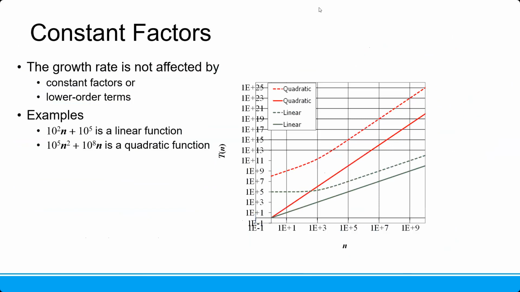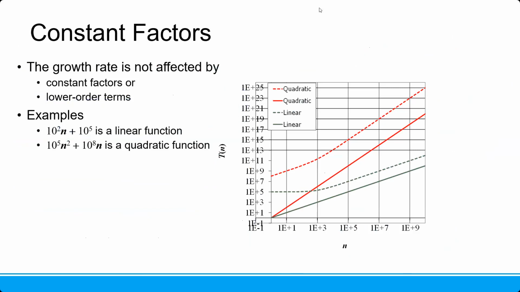And then we can also look at the lower order terms. If you look at this one, 10^2 means this is 100 multiplied by n plus 10^5. We call this a linear function because we have n times a constant, and the lower order term will not affect it too much.